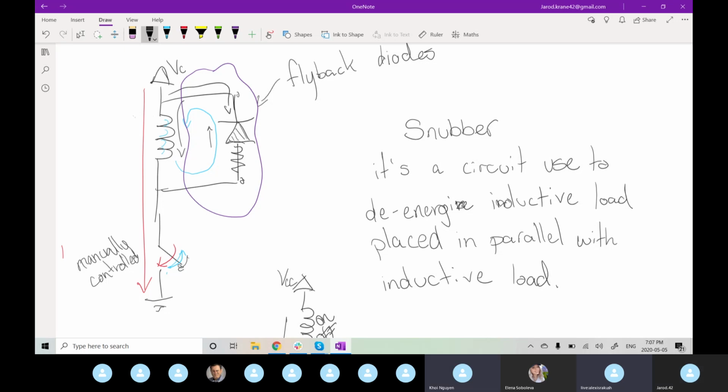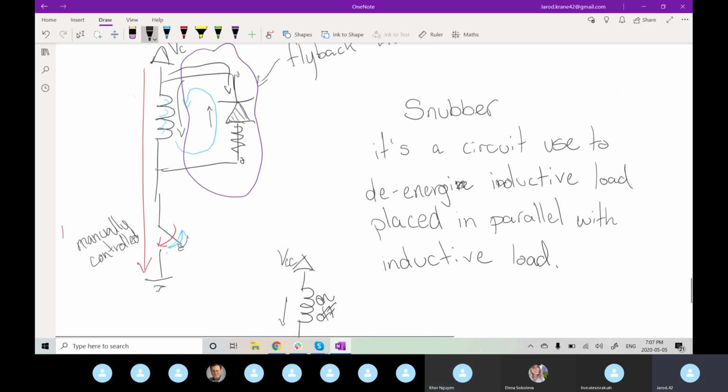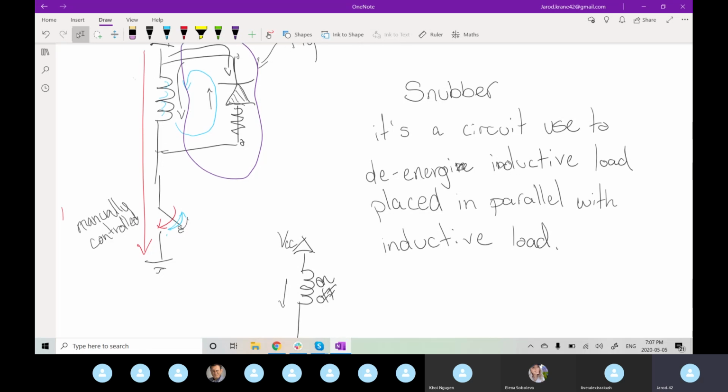Will it generate heat when doing that? When you de-energize the inductive load, will it release a lot of heat or not many? It won't dissipate too much heat, depending on the voltage in your system and what resistance values you're using.